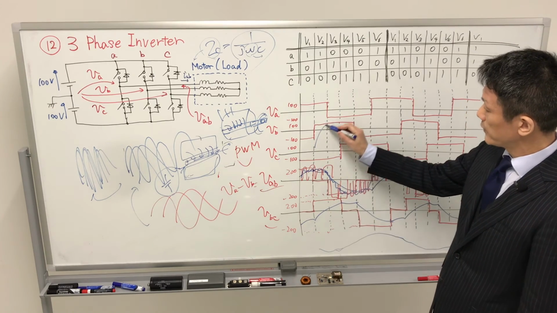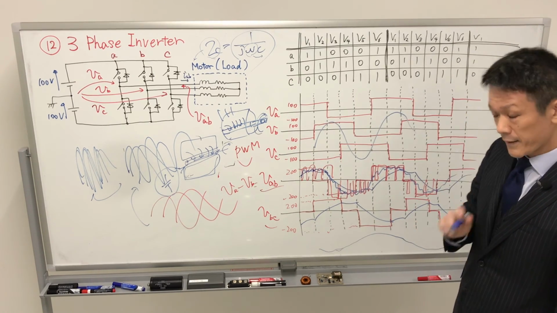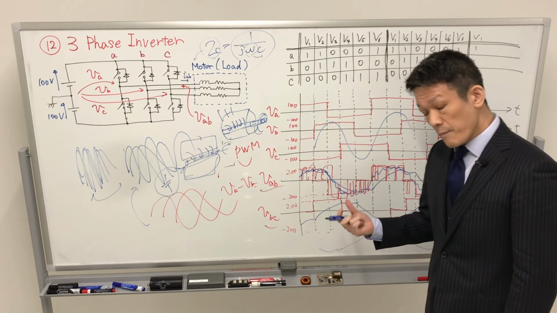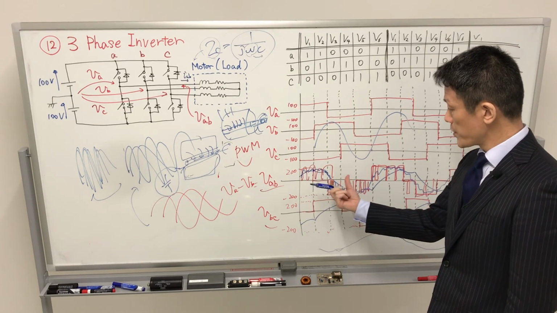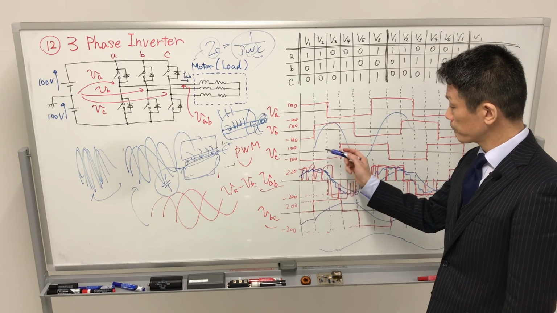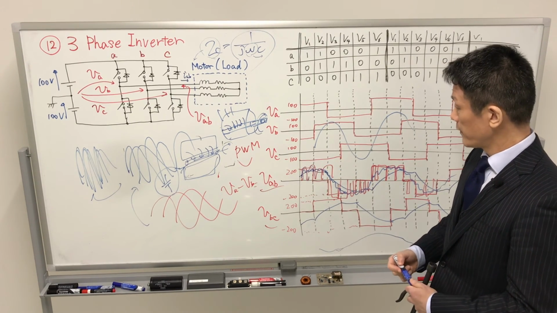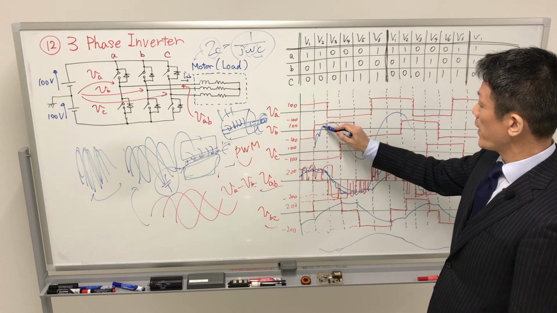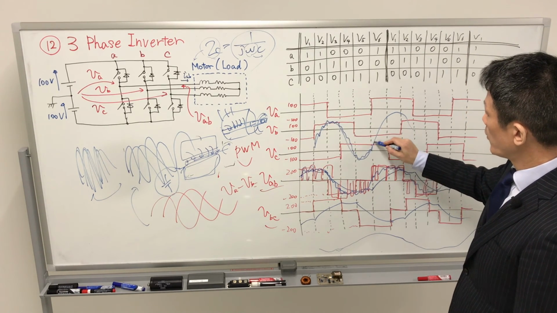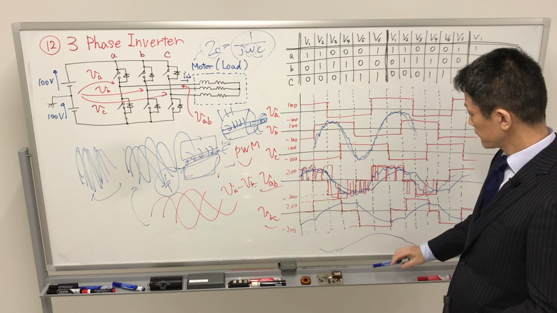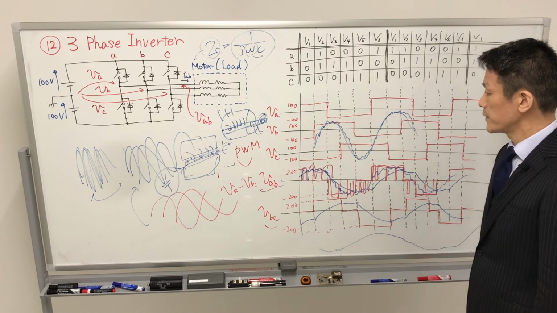Nearly a sine wave is best. So in the real inverter, the switching is higher to obtain a nearly sine wave with low high-frequency component waveforms.